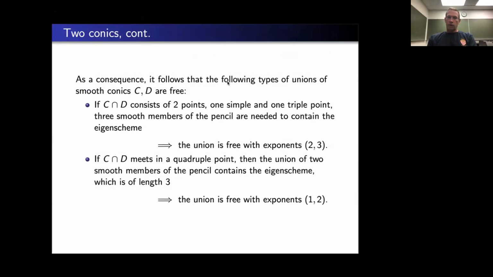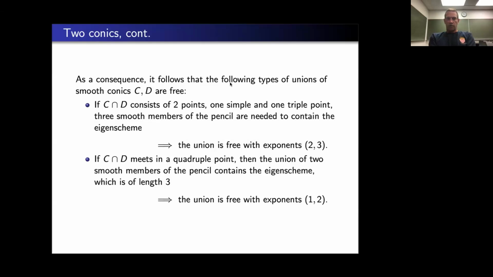So here's some more behavior of unions of conics. If we have conics which intersect in only 2 points, so obviously you could have 2 conics where you have a triple point and a single point of intersection, then you need 3 members of that corresponding pencil to contain the eigenscheme. And if you take 3 members of the pencil, that gives you a free arrangement with exponents 2, 3.